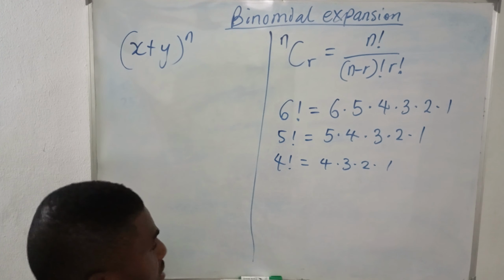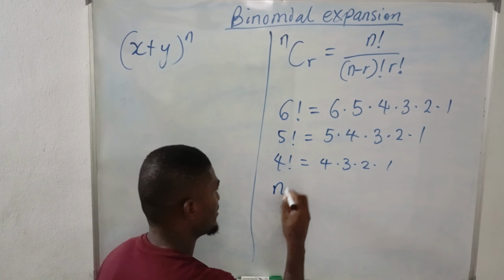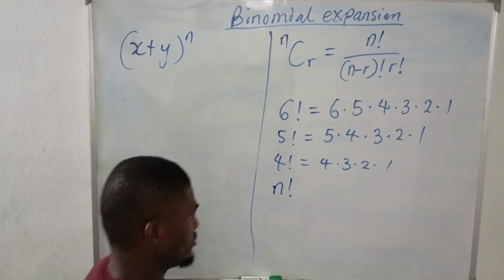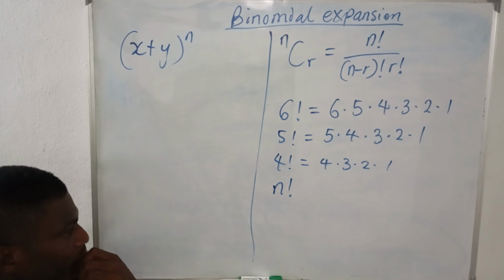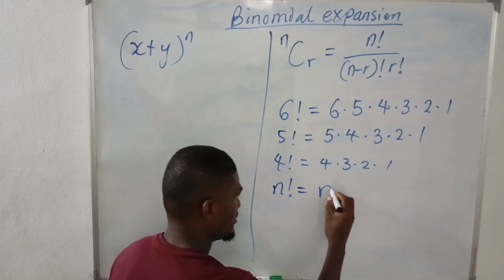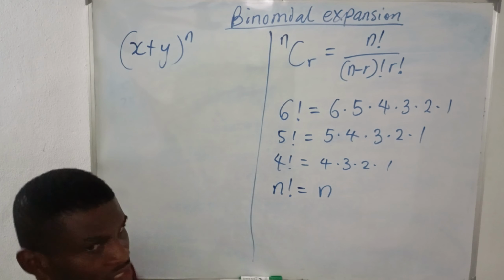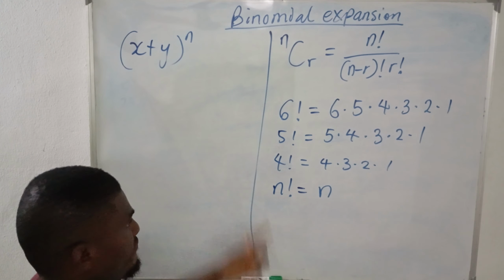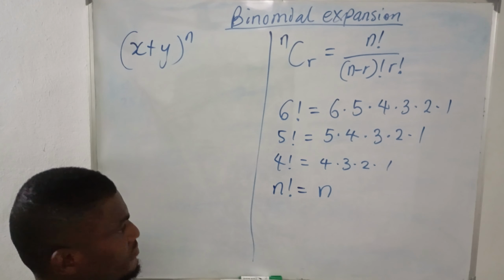we would observe that any factorial term, let's call that factorial n, since we don't want to use a specific number, would always start with that number n. 6 factorial starts with 6, 5 factorial with 5, 4 factorial with 4. So n factorial should start with n.